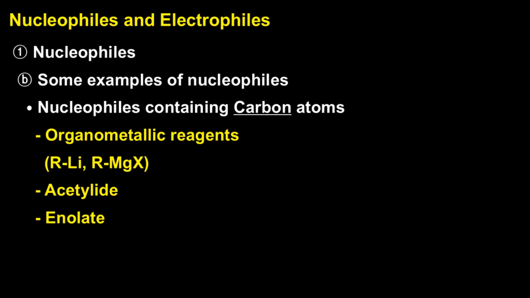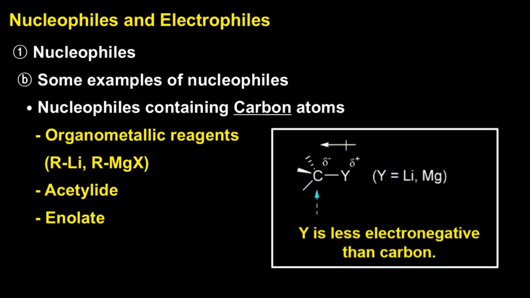In both cases, the carbon bonded to the metal behaves like a carbanion. It's electron-rich and ready to attack electrophiles. Another great example is the acetylide ion. It comes from alkynes, and it's a powerful tool for building new carbon-carbon bonds. And don't forget about enolates. They're formed from carbonyl compounds, and they show up in all kinds of important organic reactions.